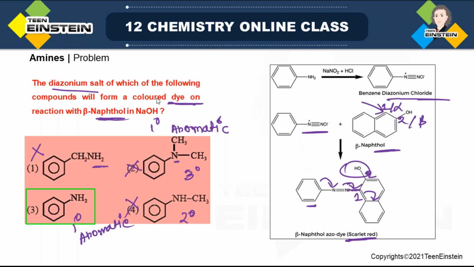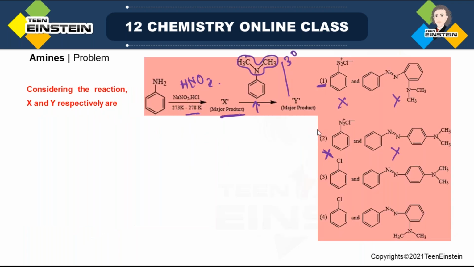So just remember the previous equation. Here what you have seen: the ortho position with respect to OH is electron rich because of the donating effect of OH, and this electron rich position is actually attacking the terminal nitrogen of the diazonium salt. So the same thing is also happening here. In that case you had the OH group, but in this question you have the NMe2 group, but both are playing an analogous role.